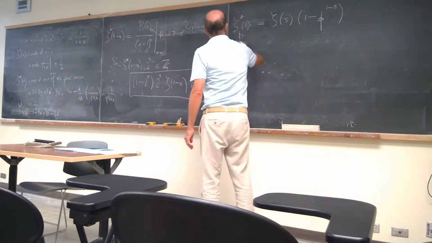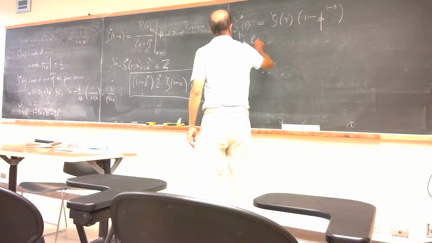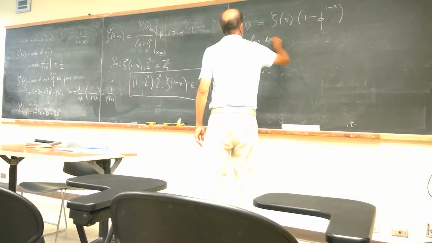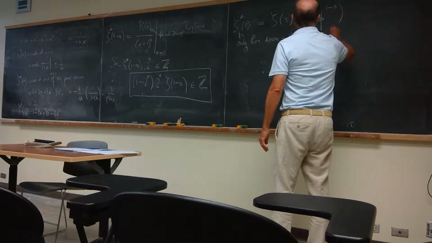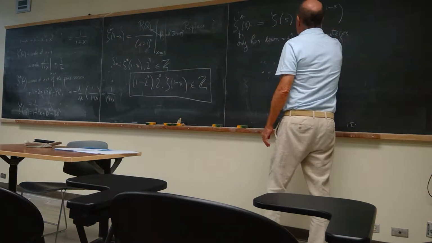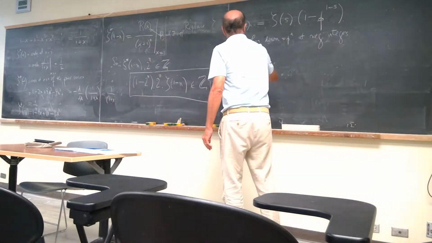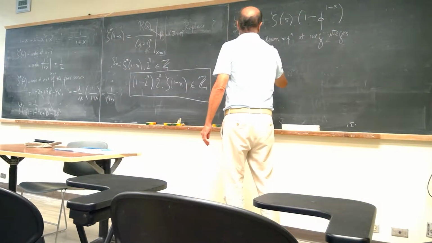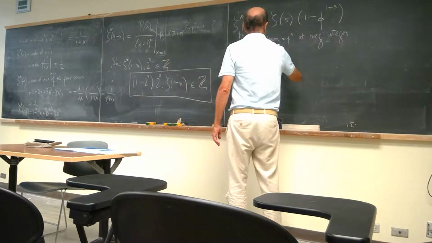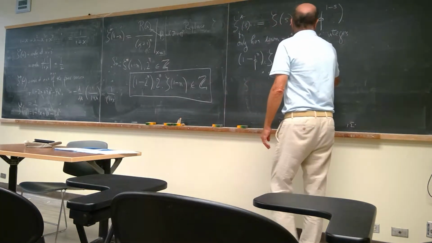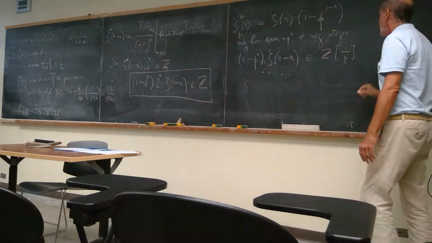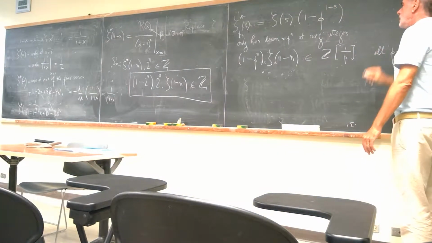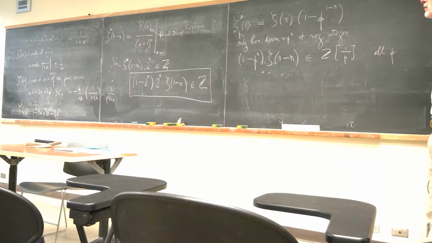So it only has denominators equal to a power of p at negative integers. And consequently, if you multiply by 1 minus p to the n times zeta of 1 minus n, it is in Z[1/p] for all p. So that's a really incredible generalization of these results.